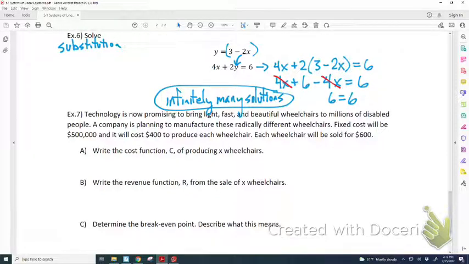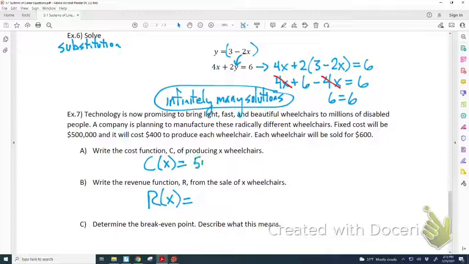All right, last problem. We are looking at this wheelchair problem. There's a company making wheelchairs, and we need to read through it and write down our cost function, how much we're out of pocket when we make wheelchairs, and how much we're bringing in when we sell them. So maybe hit pause and write those two equations.